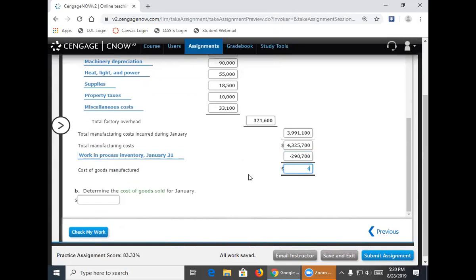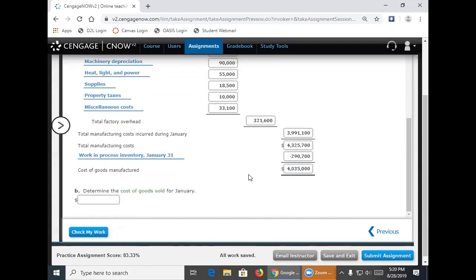Cost of goods manufactured becomes 403,000, or I'm sorry, 4,035,000. Yeah, 4,035,000. The cost of goods manufactured. That comes from the work in process.